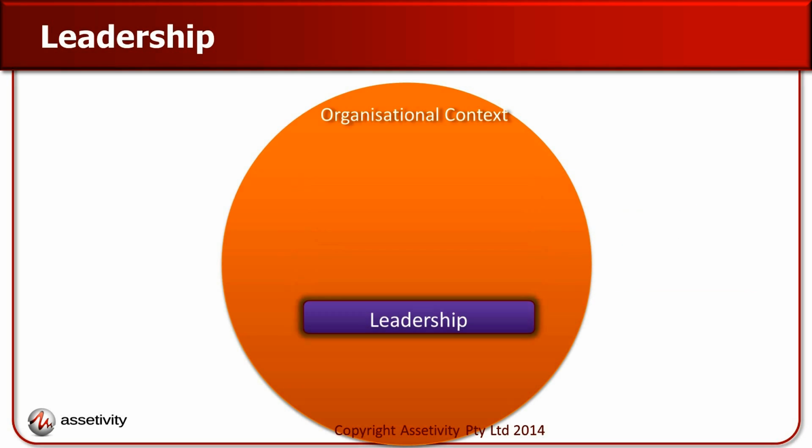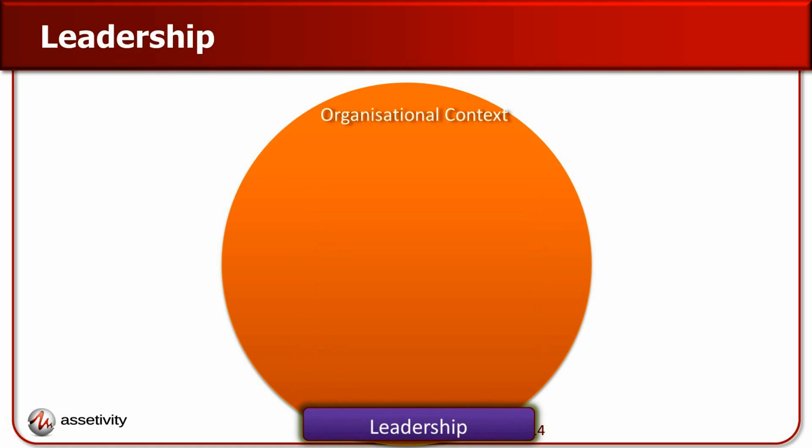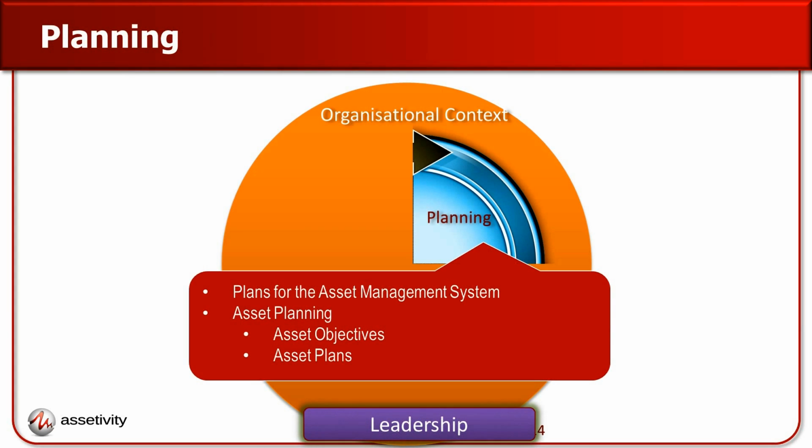The next major element, we start to move into the plan, do, check, act cycle. So we've got the planning element here, and there's really two types of plans here. One is plans for the asset management system. So what are the plans for managing and improving your asset management system, the way you manage your assets?